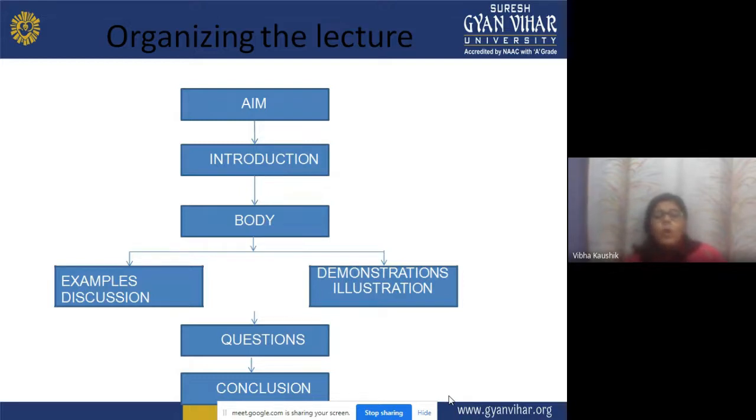Example discussion, what type of examples will be taken by you while making the concept clear to the students. Demonstrations, illustrations, if you need some demonstrations and illustration. Questions, the teacher can ask some questions related to the topic which he had taught. Conclusion, and in the end, the teacher should conclude the lecture by again clarifying the important points or the major points of the lecture.